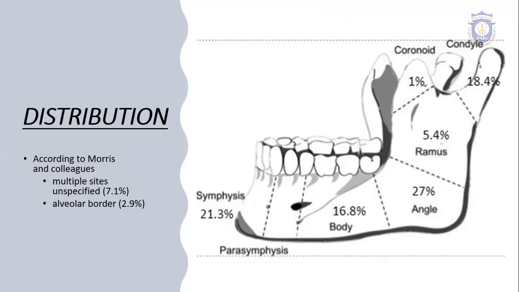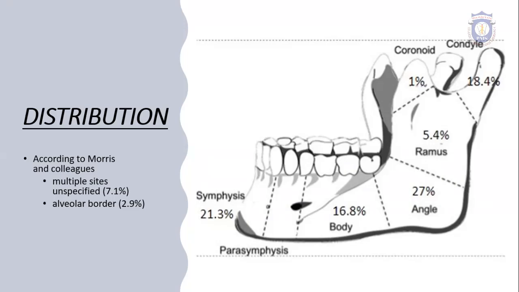Now, ramus fractures are very uncommon, and condylar fractures are common nowadays because the transmission of force is through the condyles, which is a cause of indirect injury. So that can result in more condylar fractures.